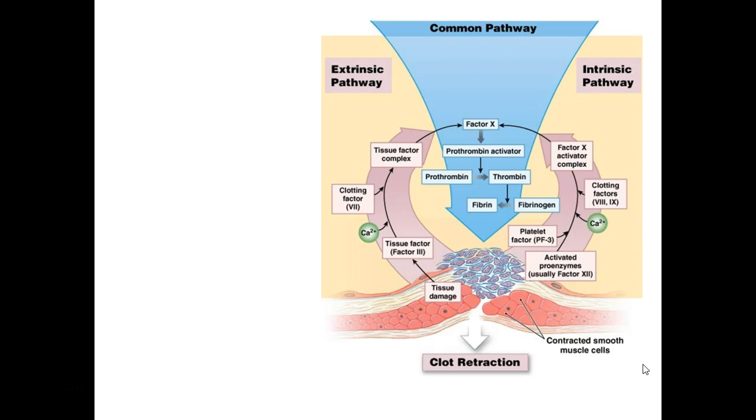What ends up happening is that there are certain triggers that start this cascade or series of clotting factors to get activated, ultimately leading to a mesh that helps form the clot. Now, one of the triggers is this tissue damage.